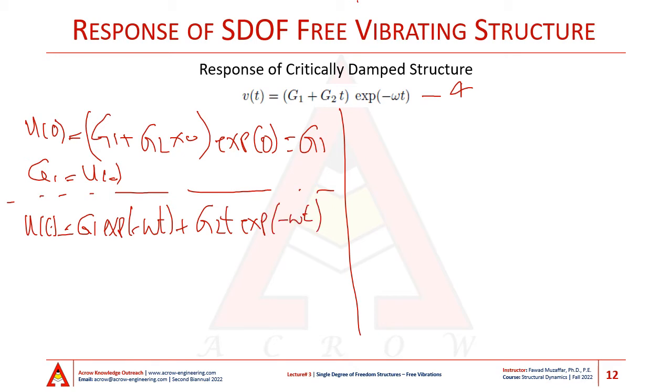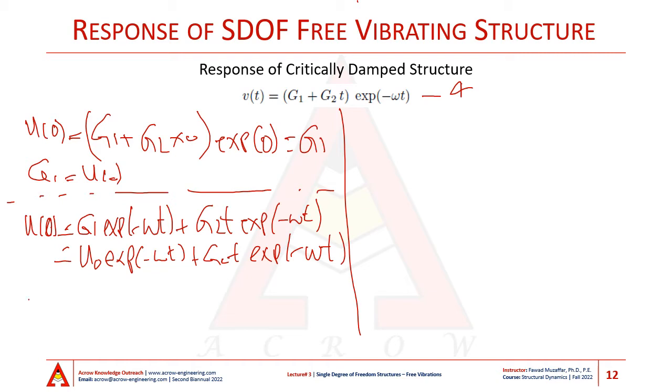Plugging in the value of G1, which is u naught, we get u naught exponential of minus omega t plus G2t exponential of minus omega t. Now this is my equation of motion. Let's take the first derivative of this equation with respect to time t. We get the equation of velocity of our freely vibrating system.